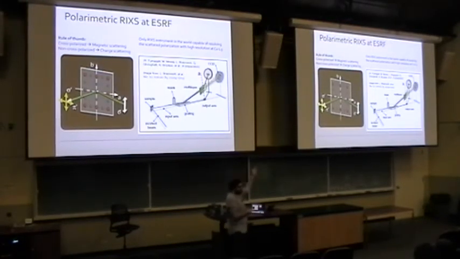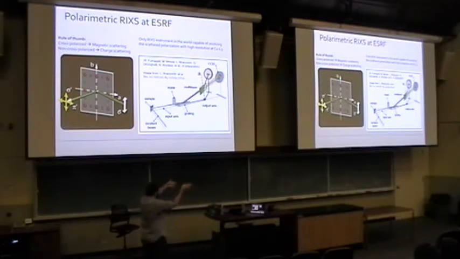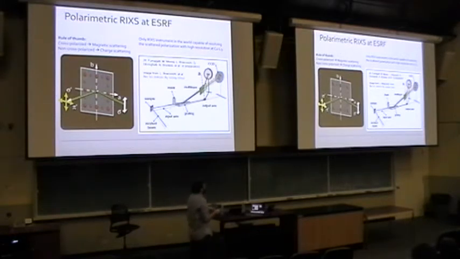Okay. And to do this, the next level of technology for this instrument, which has just been developed, and there's a paper in preparation talking about instrumentation, but it's based on a previous concept, is to have a polarimeter.